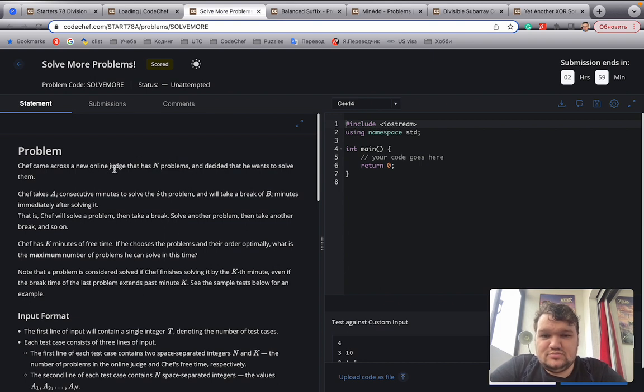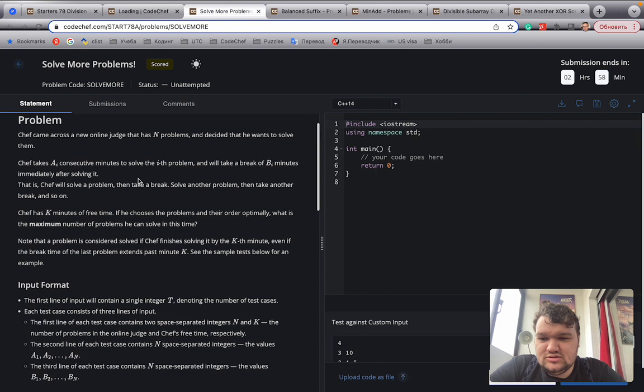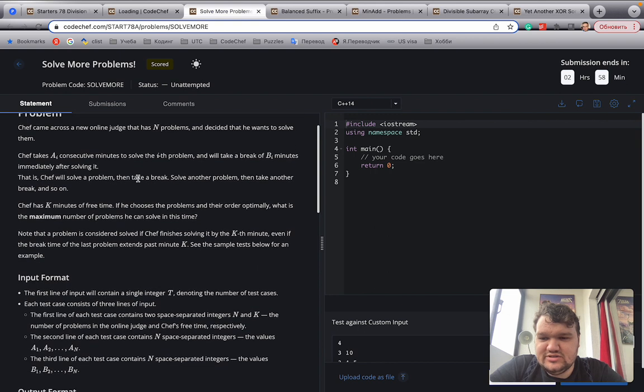So in this problem, solve more problems. We have problems, and for each one we know the time we need to solve it and how much time we need to take a break after solving it.